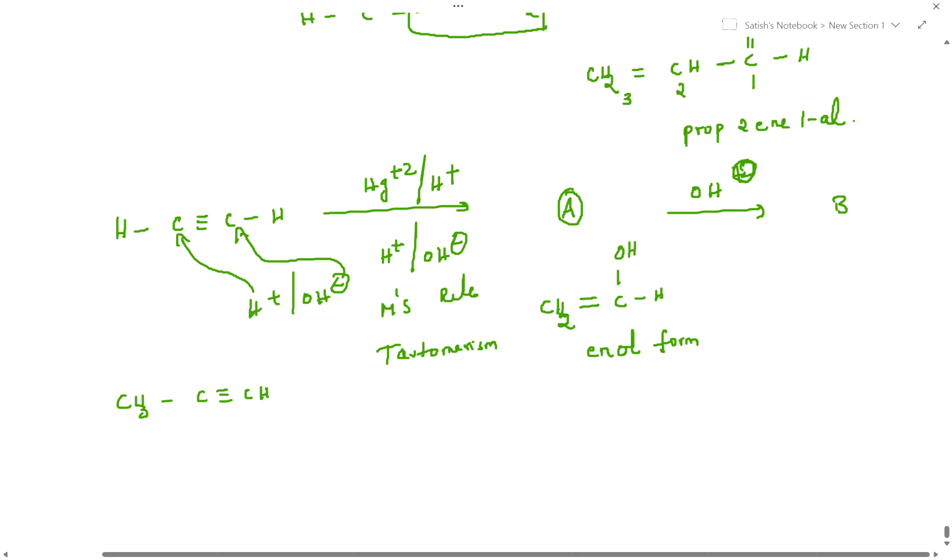Finally this bond shifts here, this hydrogen shifts here: tautomerism. Why? Because among organic compounds, especially ketones, some are very stable in keto form and some are very stable in enol form. So this is the enol form, it is unstable, then it converts into the keto form.